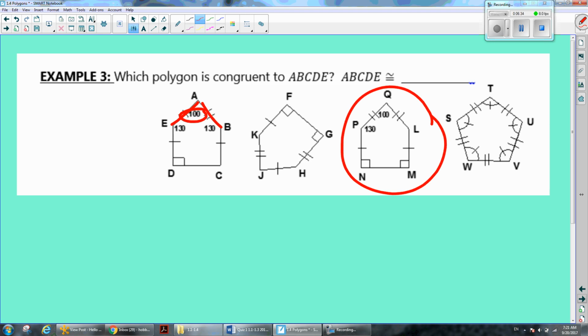Oh! Sorry for the sneeze. Then we have to match up these corresponding parts. So angle A matches with angle Q here. They were both 100, so I start this with Q. Then they went to B, so we can go to L, then down to M, N, and P.